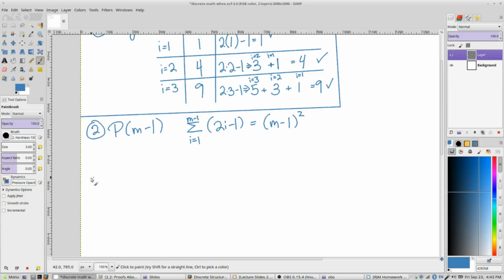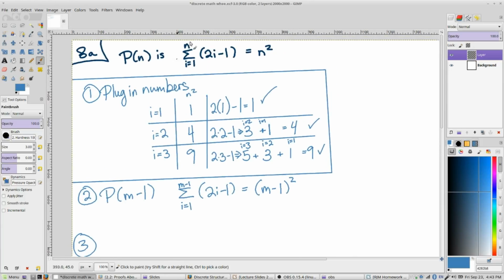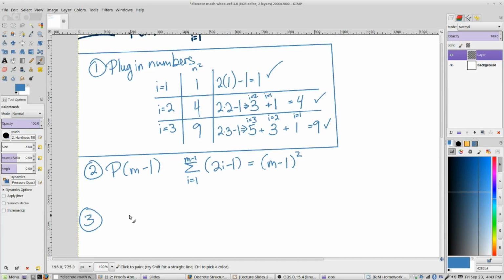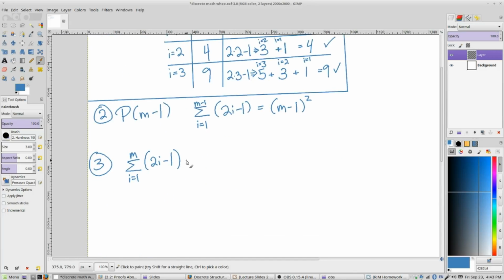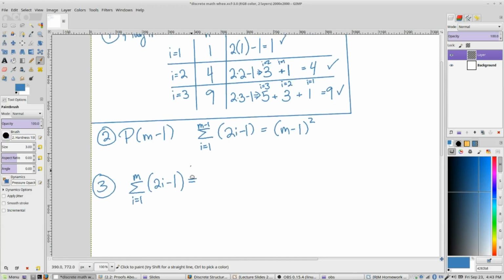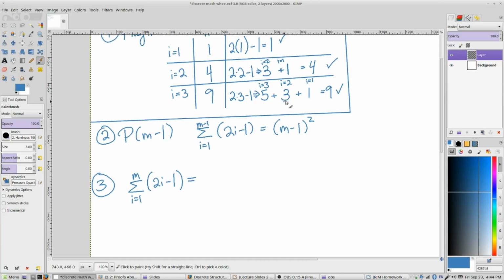So we have to actually prove this. Now, if we take this back and plug it into the sum for all numbers, using just from 1 to m, so i equals 1 until m of 2i minus 1, this should be equal to the sum of all of the numbers before it plus the latest version. Just like we have 5 plus 3 plus 1, we have to remember to take i equals 2 and i equals 1 and sum those onto it.